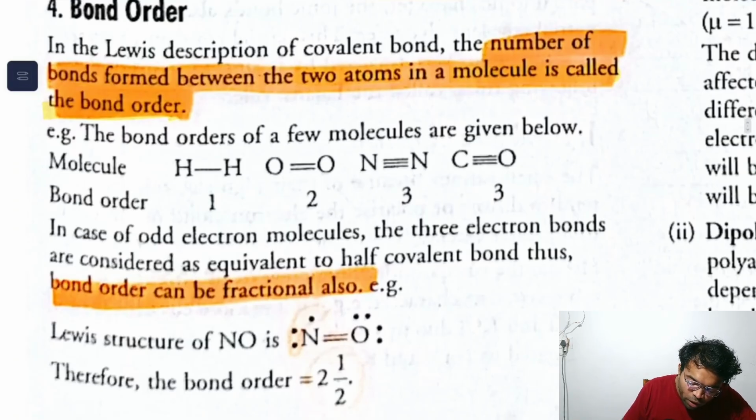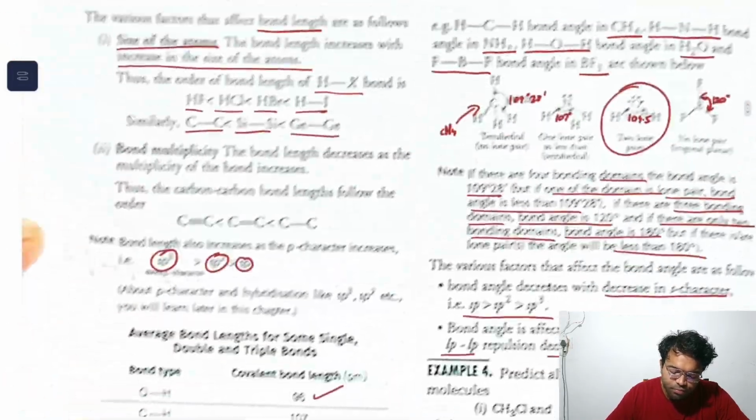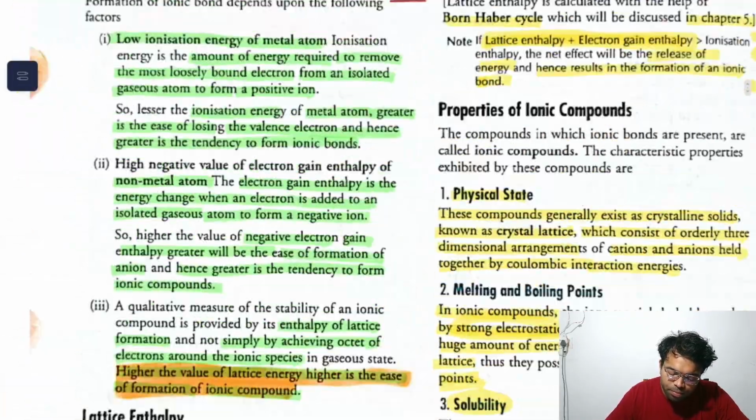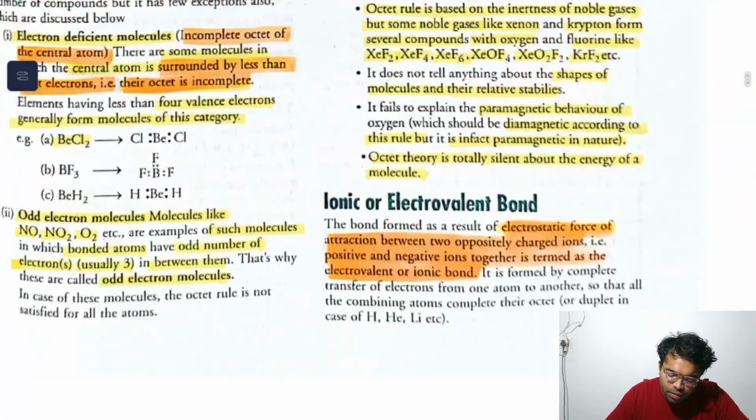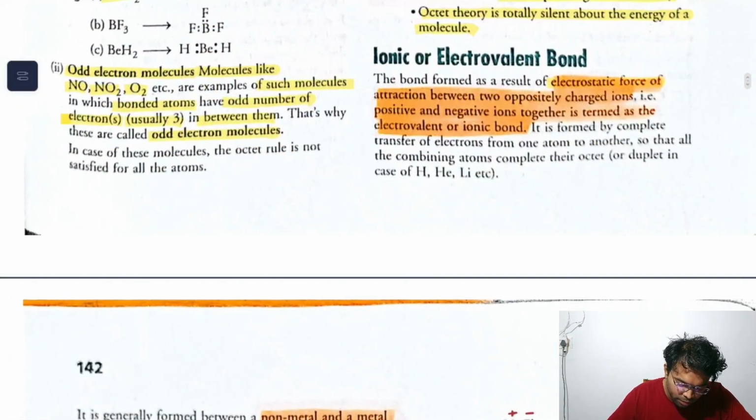Now, in the case of odd electron molecules, what is an odd electron molecule? Odd electron molecules like NO, NO2, and O2 are examples of molecules in which the bonded atoms have an odd number of electrons, usually 3, between them.